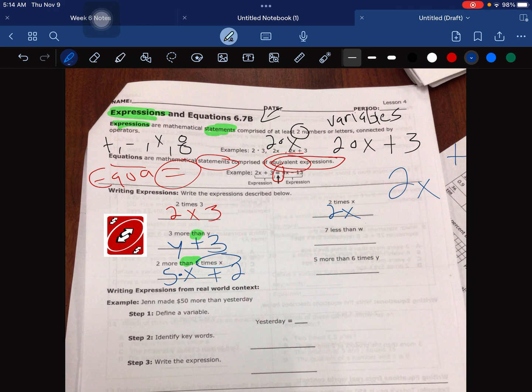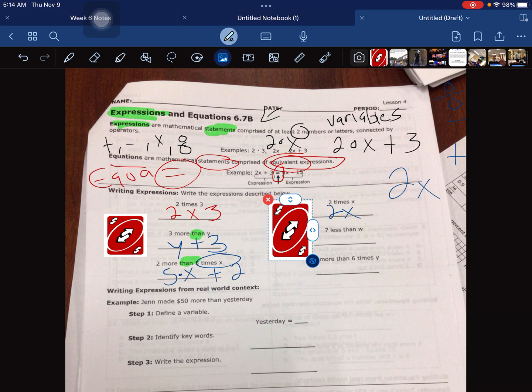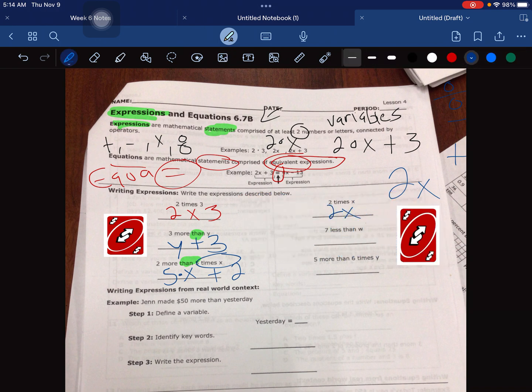Since there's no plus sign, there's no division, there's no subtraction, that's what they're doing. 7 less than W. Ahí está. That means what's going to go first?